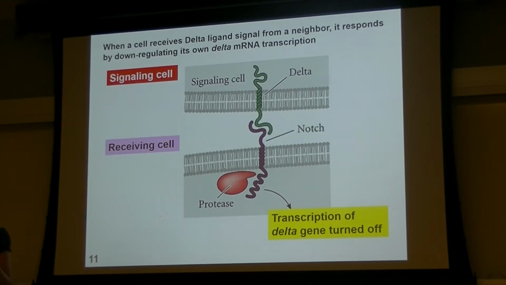So if some cells gain an advantage and start to express more delta, they will tend to downregulate delta in their neighbors. Eventually, a few cells become predominant as the winners. The cells expressing the most delta continue to express delta, and their neighbors express less of it. So just keep that idea in mind.